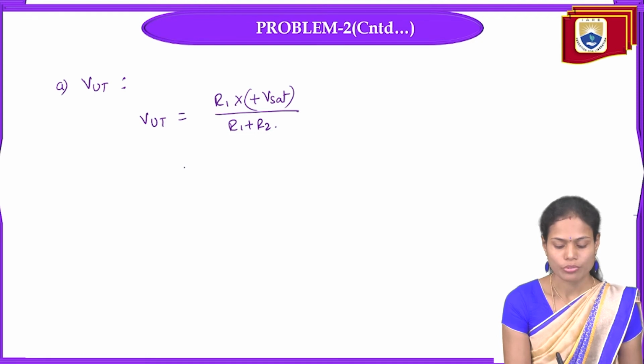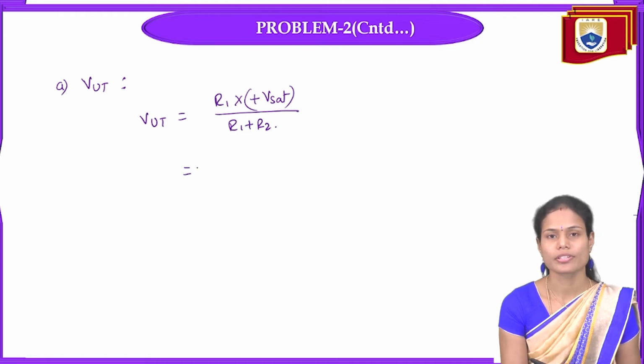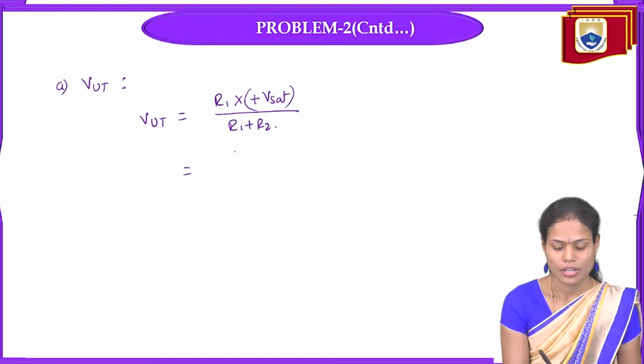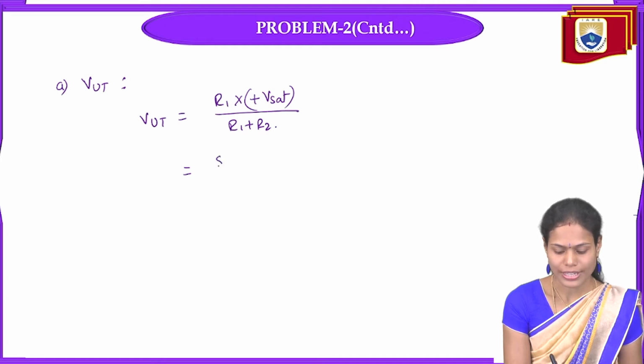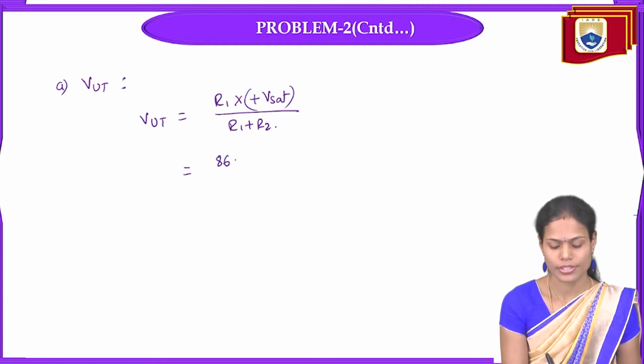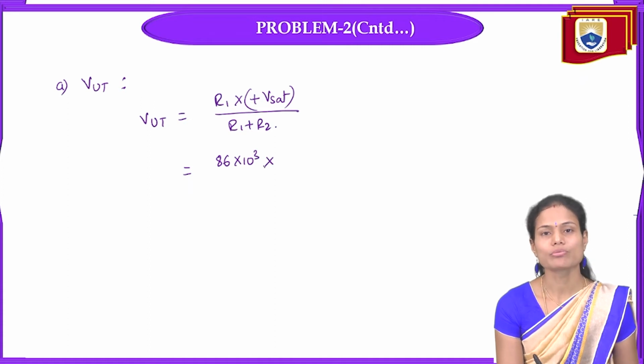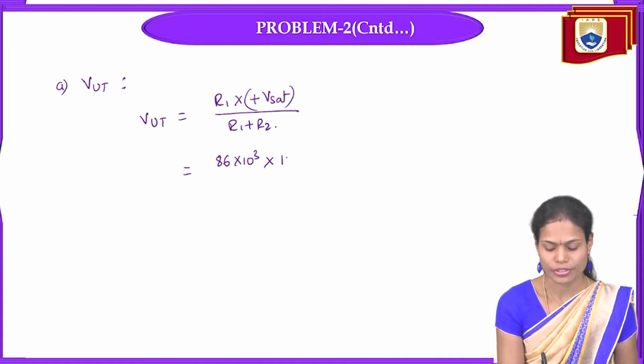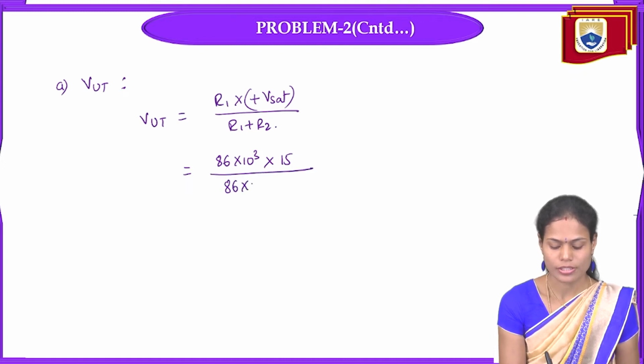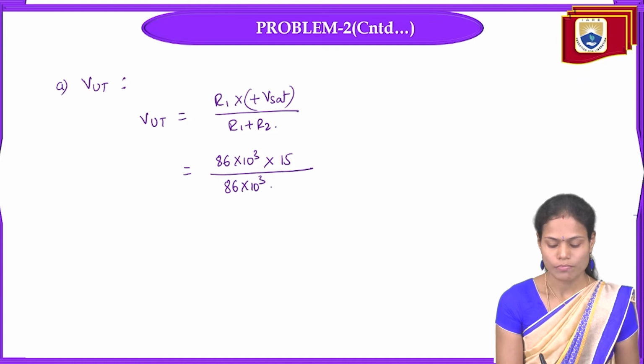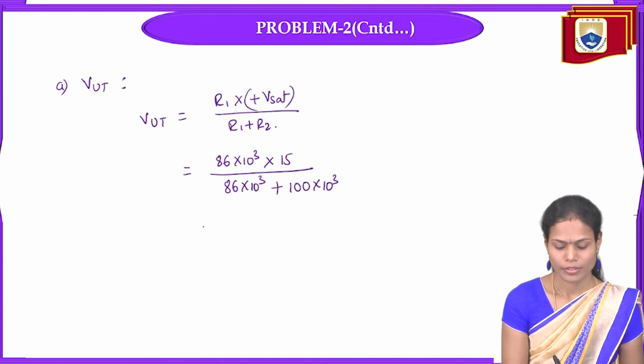Now substitute the values of resistances and saturation levels here. R1 resistance value is 86 kilo ohms. So 86 into 10 power 3 into positive V saturation value, which is 15 volts, and the R1 resistance is 86 kilo ohms plus R2 is 100 kilo ohms.